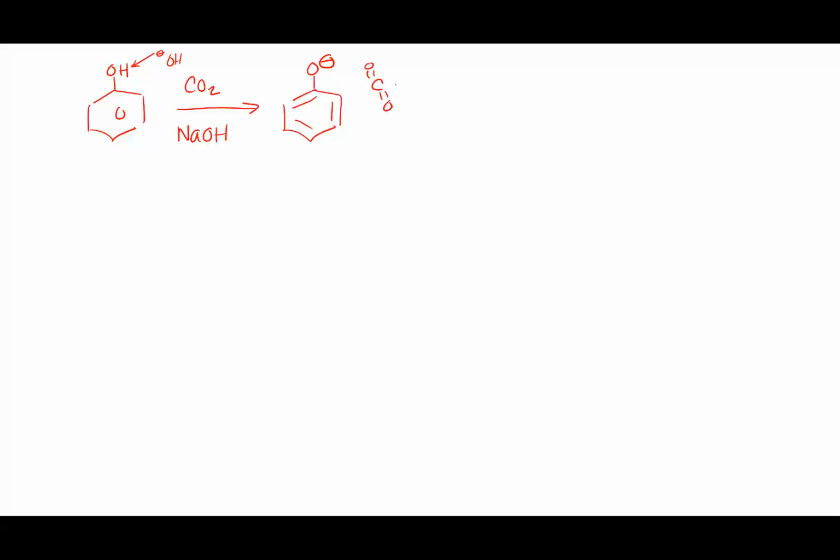CO2. So what will happen is, if I bring this pair of electrons down, let me rearrange my double bonds to this side. So if I bring that pair of electrons down and form a C double bond O, this pair of electrons can be used to attack the carbon, and then one of those pairs of electrons goes to the oxygen.